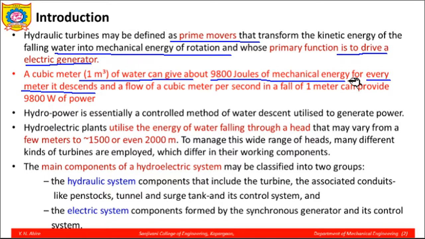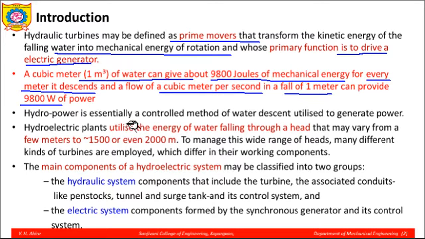That is the understanding. Similarly, a flow of 1 cubic meter per second in a vertical fall of 1 meter can provide you 9800 watt of power, right?